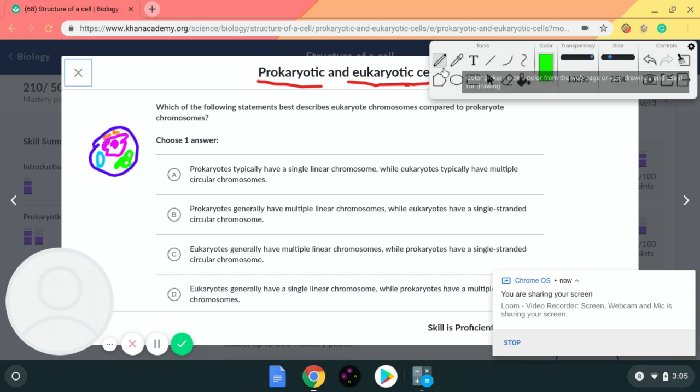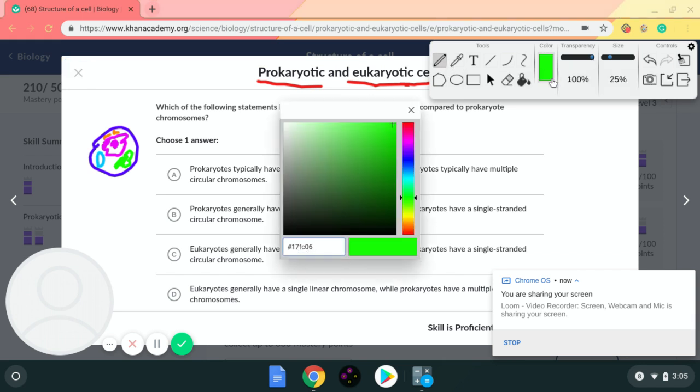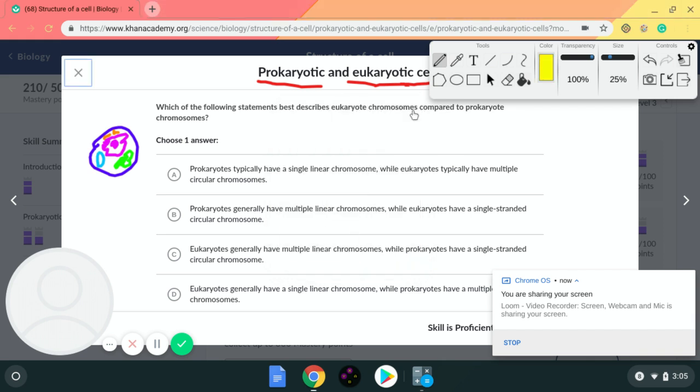But prokaryotic cells, on the other hand, are very simple. They do not have a nucleus. Instead, they have what's known as a nucleoid, which I will show you what it looks like in just a moment.